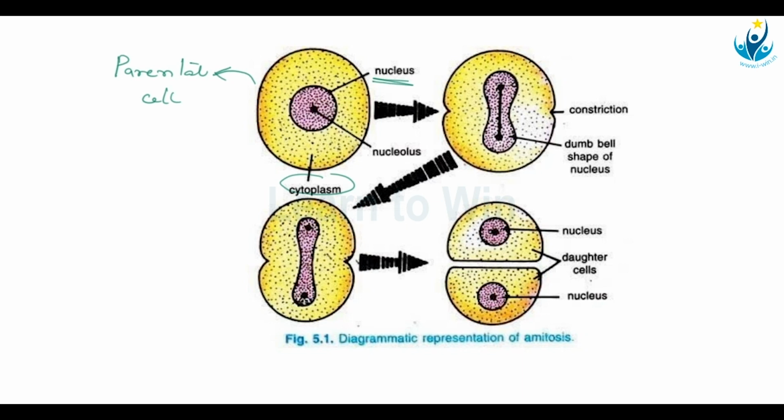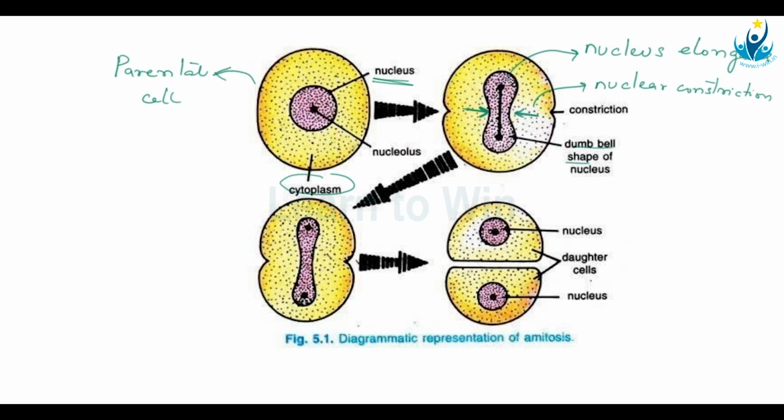Instead, first the nucleus will elongate into a dumbbell shape in the center of the cell, and there will be a constriction. I put two arrows here. This is called nuclear constriction.